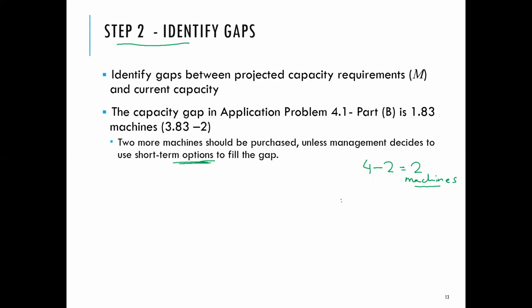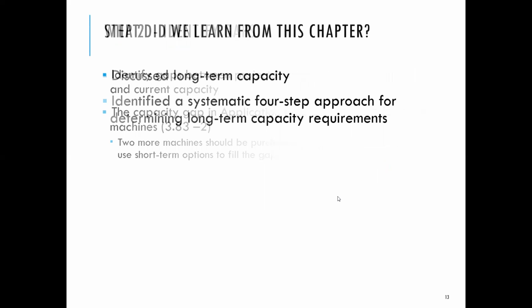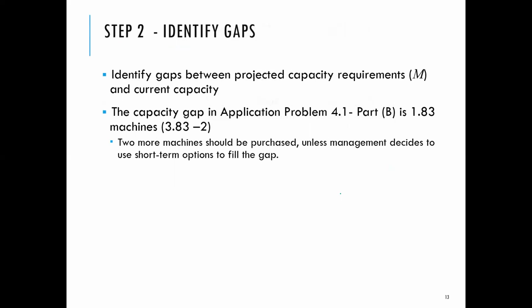Which is exactly what we discussed when we went through the 4 steps. As I said, the first step is estimate how many machines we need. So we estimated that we need 4 machines. Then step 2 is estimate how much capacity or how many more machines you would need. In total, we need 4 machines. Since you already have 2, we need to buy 2 machines.